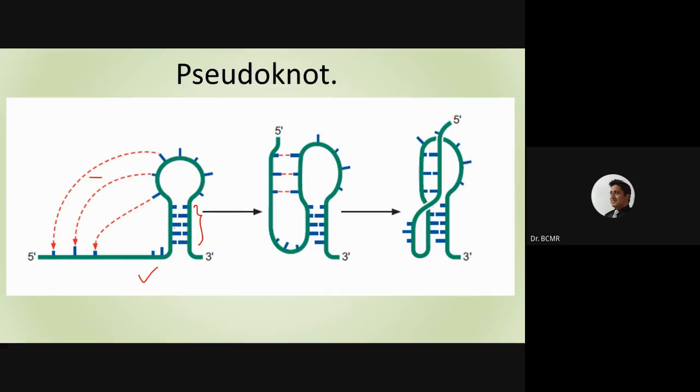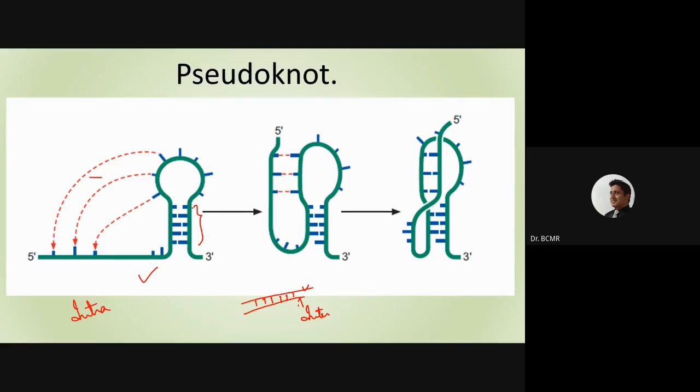It is intramolecular hydrogen bonding. Why do I say intra? Because it is a single RNA molecule. If there were two different RNA molecules interacting like this, then you can call it intermolecular hydrogen bonding. That means there is hydrogen bonding between two different molecules. Whereas in this case, it is one single molecule folding upon itself and base pairing.